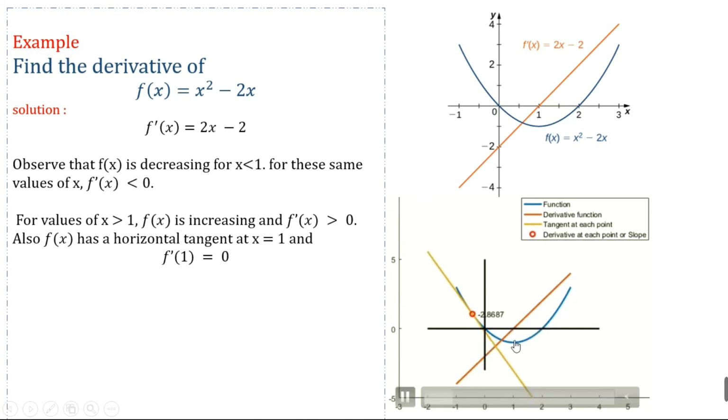At x is equal to 1, the derivative of the function will be 0 and the tangent will be horizontal at this point. The derivative is positive and the slope of the tangent line is positive for x greater than 1. So this is the relationship between the graph of a function and the derivative of a function.